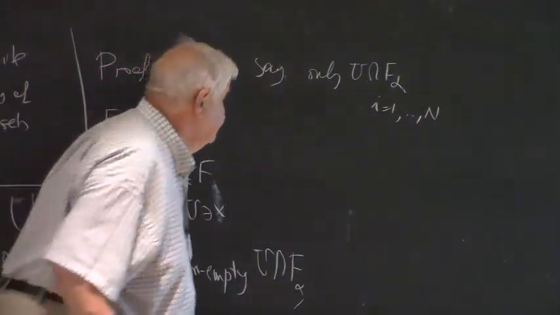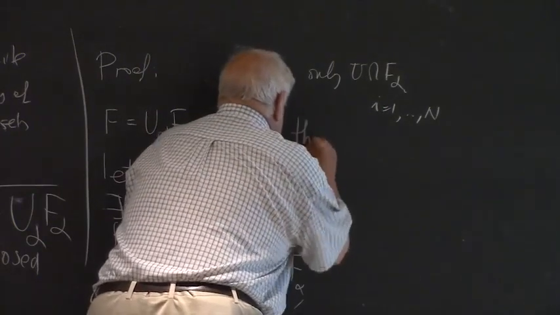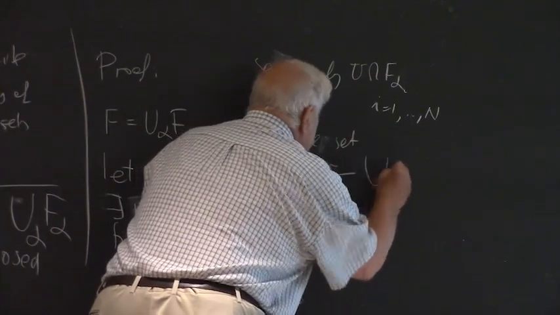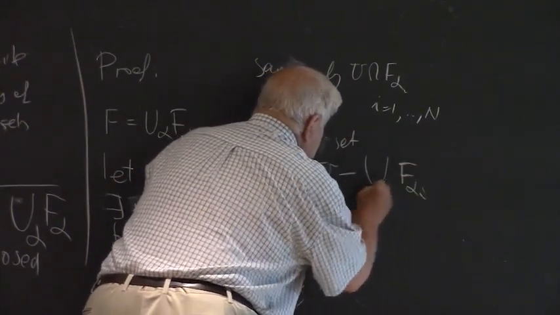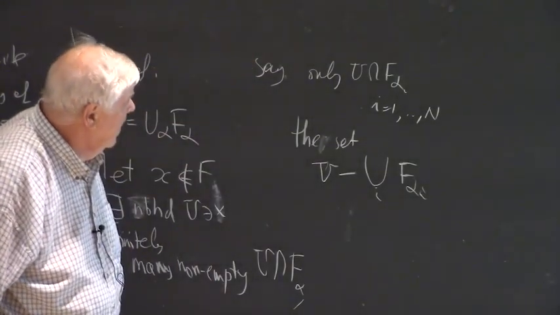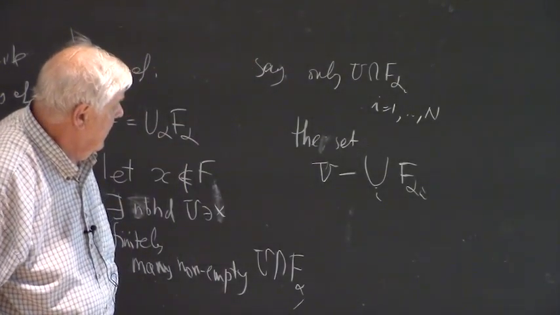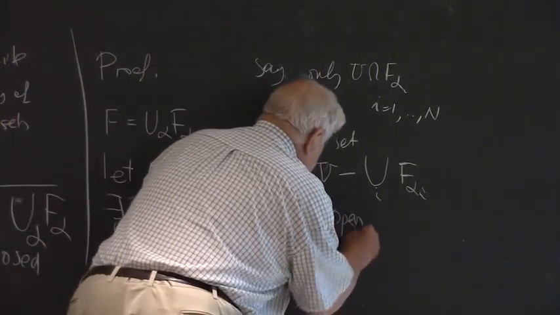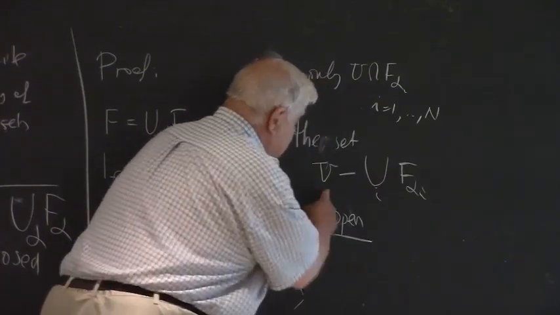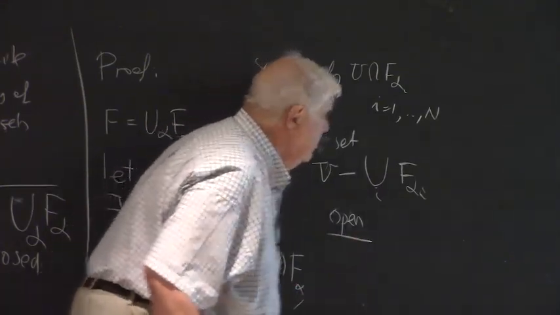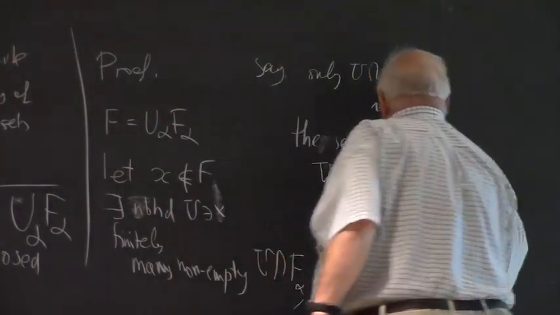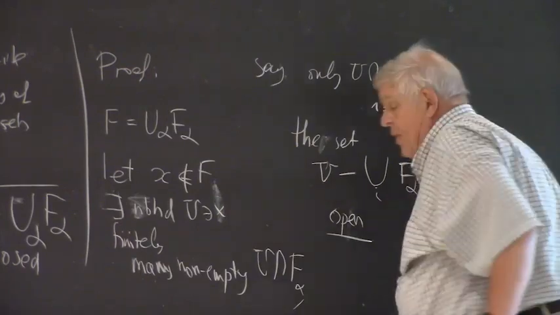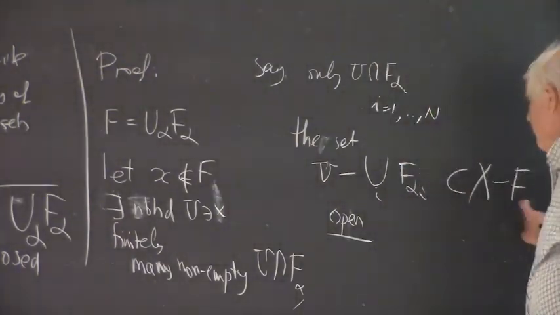Then look at the set U minus the union of the F alpha i. It is open, since this is an open set minus a closed set. And this is certainly contained in X minus F. No point in F belongs to it.